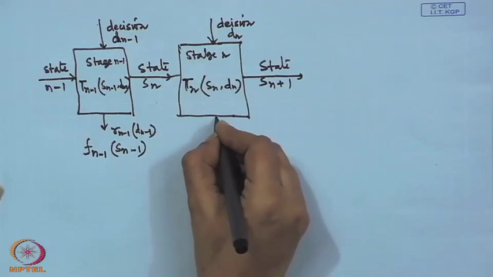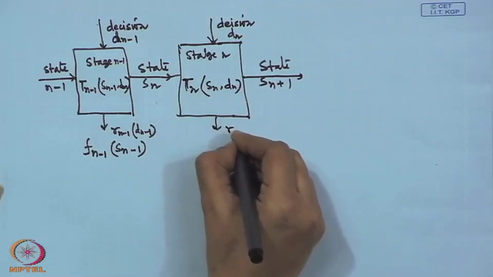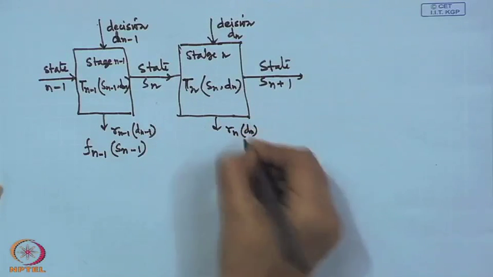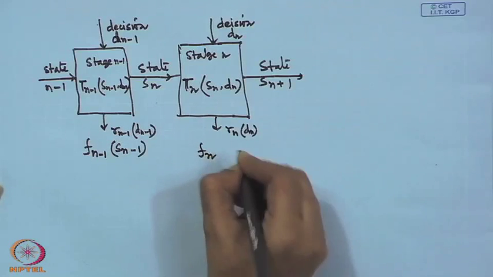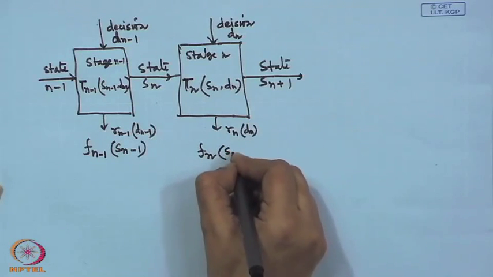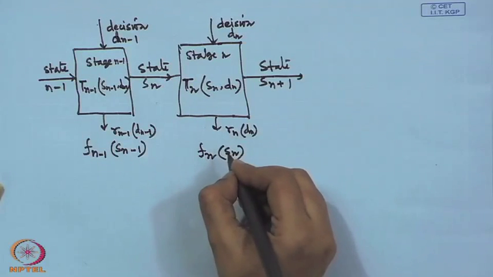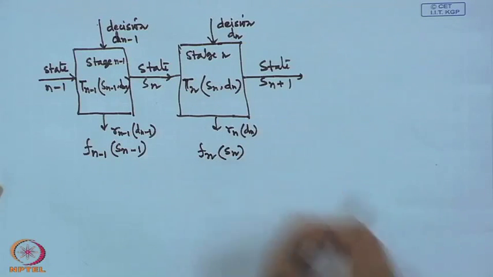Not only that, for every decision we need the information about how much return I am gaining, and we have to calculate the optimal return from this stage, following a recursive relation.